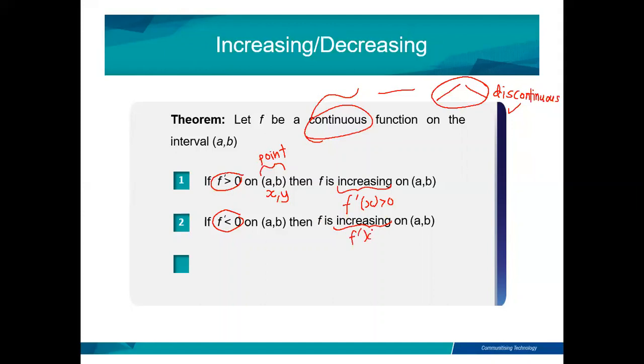This one is f prime x less than 0. And the third theorem: if the first derivative is equal to 0 on the interval, then the function is constant on the interval AB.